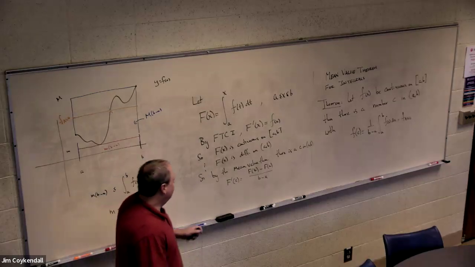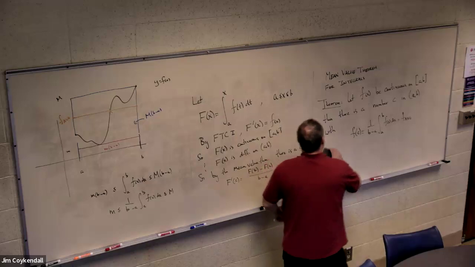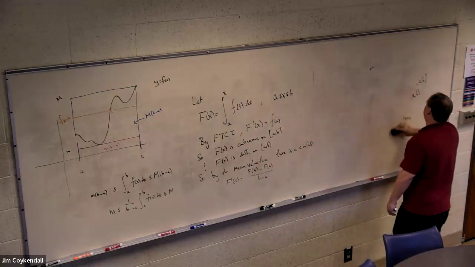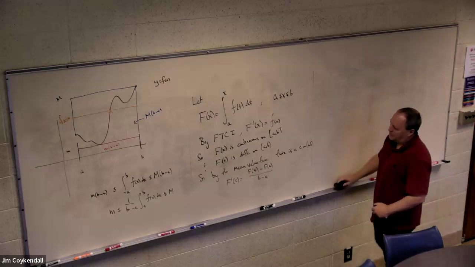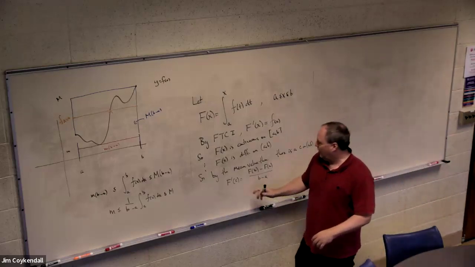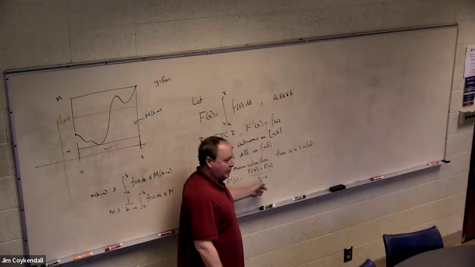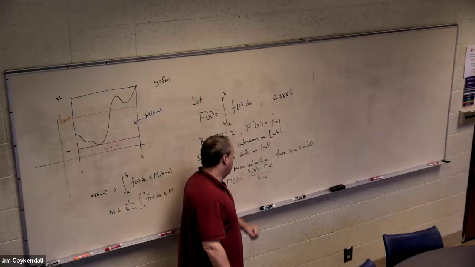That was the statement of the mean value theorem. And remember, all this says is there's some point between a and b where the slope of the tangent line of this function is equal to the slope of the secant line that connects the endpoints of the interval.